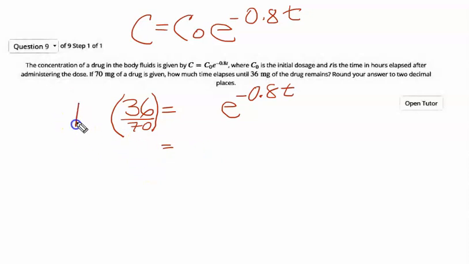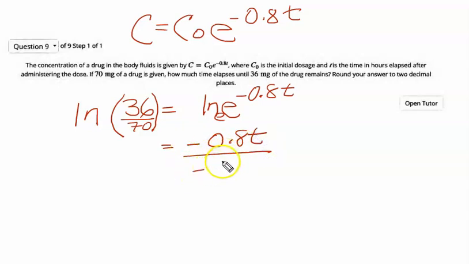Well, you're going to take the natural log of this side, natural log of this side. And remember, this configuration just becomes a 1. We're going to move that out in front, so this becomes a negative 0.8t. And then we're going to divide both sides by a negative 0.8. And let's see what you get for t.